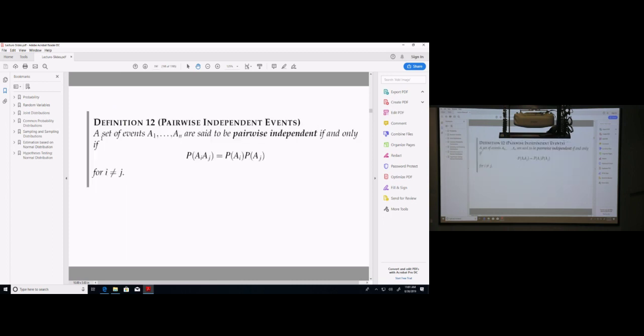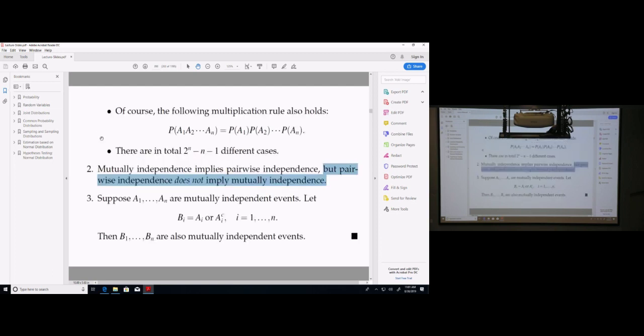That is the remark here. If A1 up to An are mutually independent events, whether you take each event as itself or change it to its complement, the new list B1 up to Bn will still be mutually independent. Whatever you do to the individual event, here the operation being complement or not, will not affect the independence. It is being inherited in that sense.